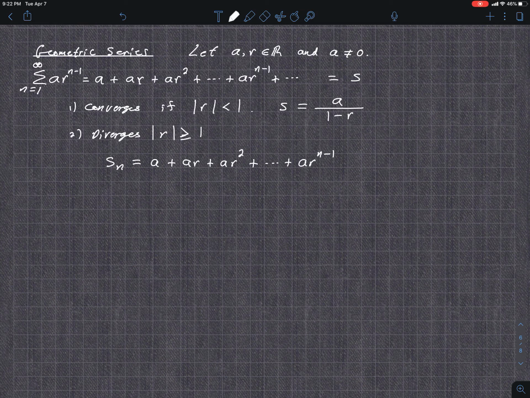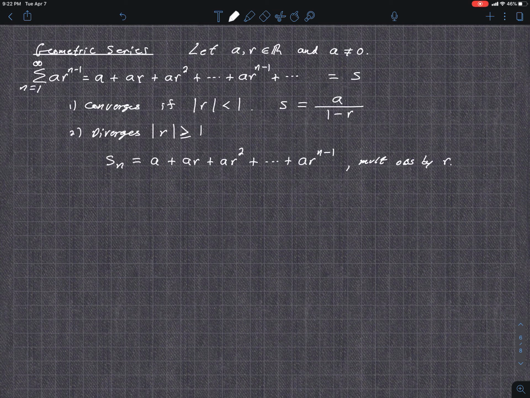So now think of it like this. We know that's the nth partial sum of the geometric series. So now multiply both sides by r.